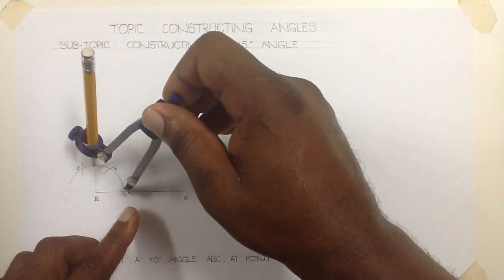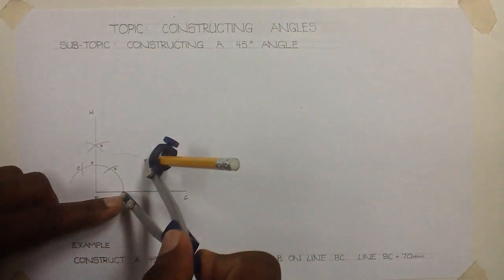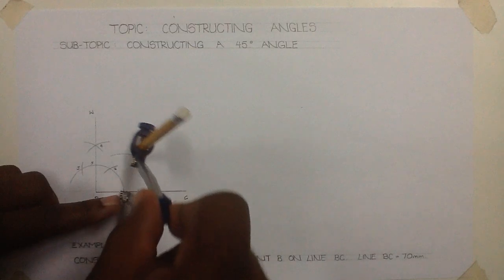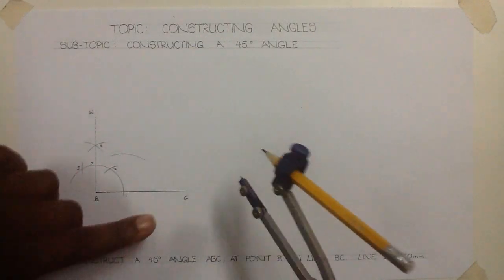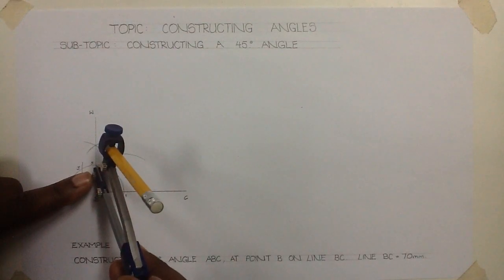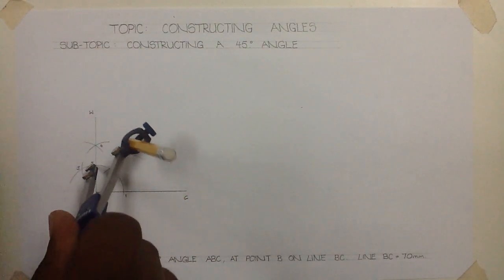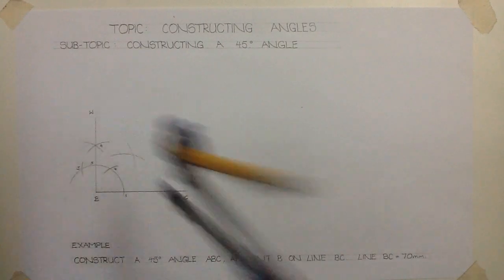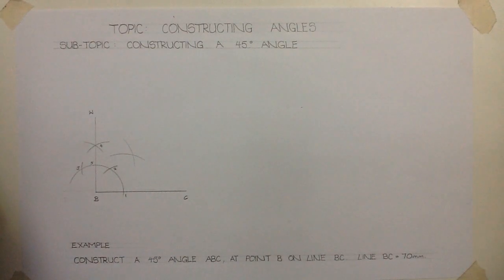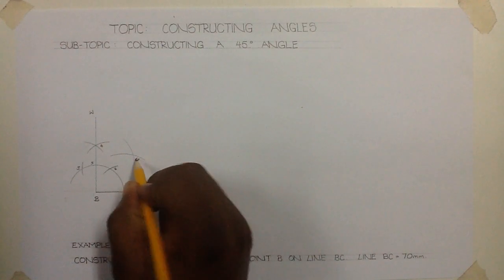I'm going to use the distance 5/1 and inscribe our arc within the angle space, the 90-degree angle space, and using point 5 as our center, inscribe our second arc. These two arcs intersect each other at point 6. Final step.